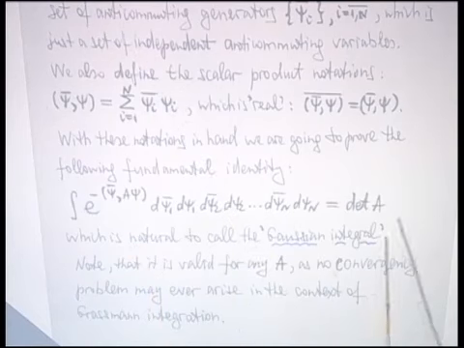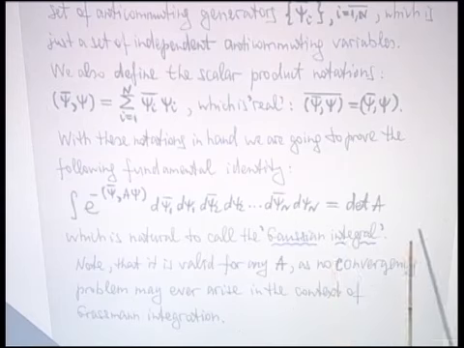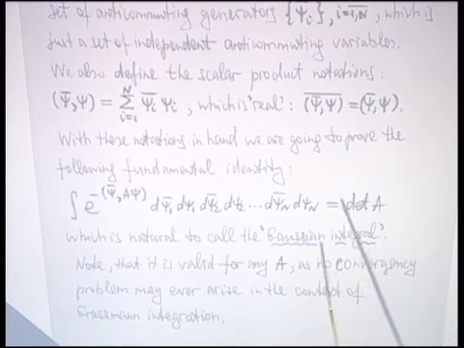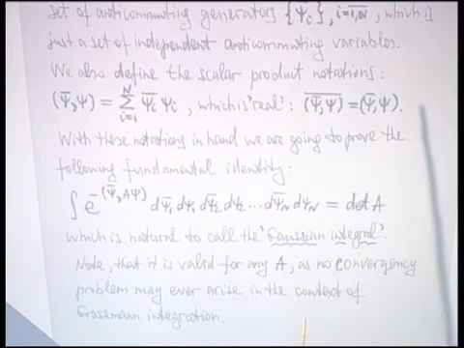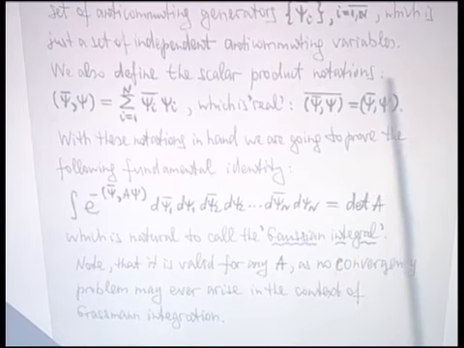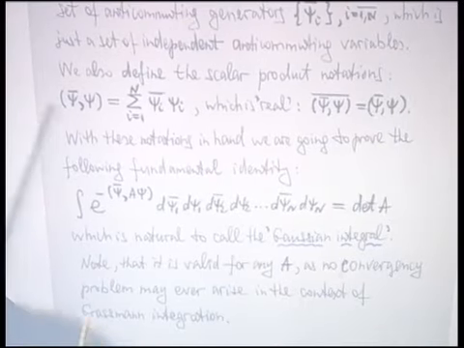This is an almost complete analog of the standard Gaussian integral, except that the determinant comes in a positive rather than negative power, but this is precisely why we're using it.